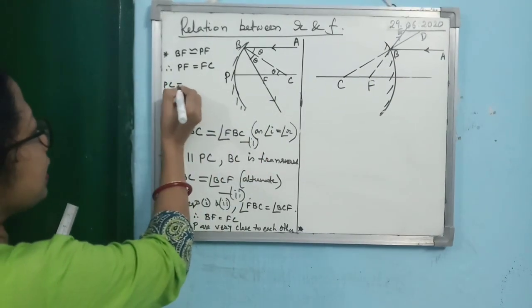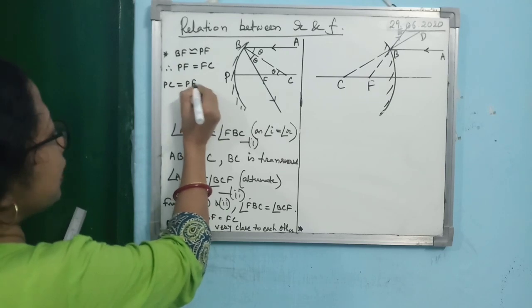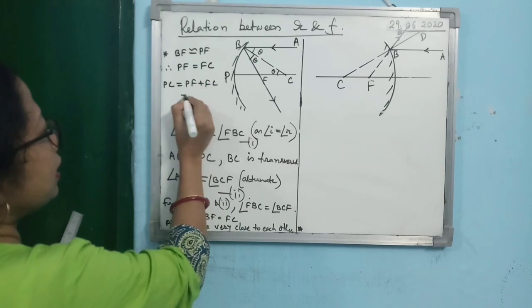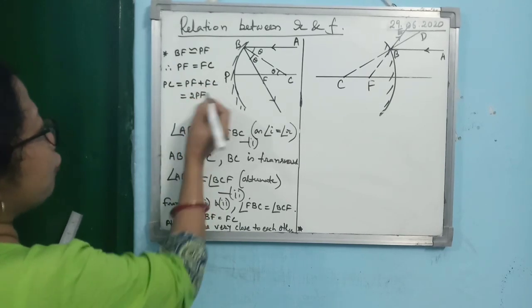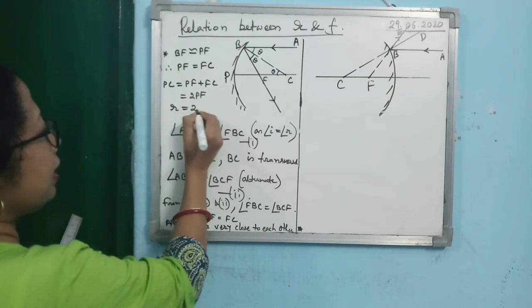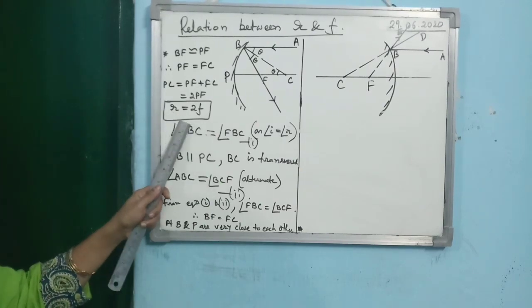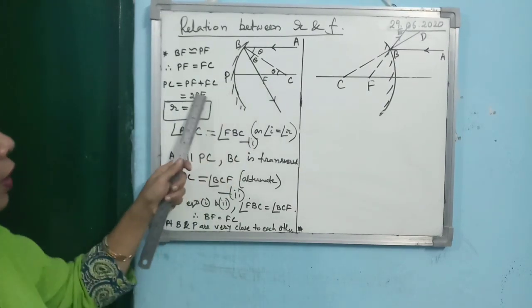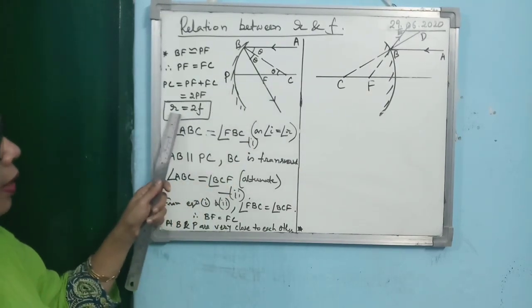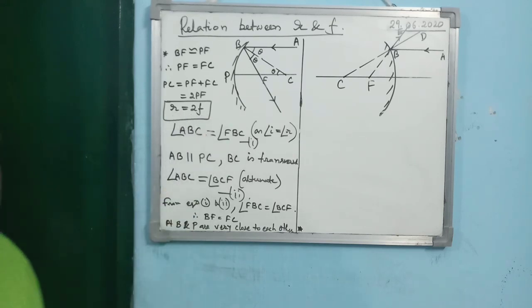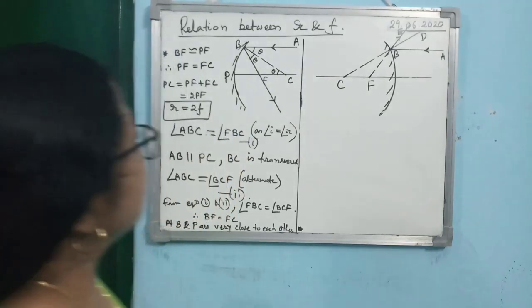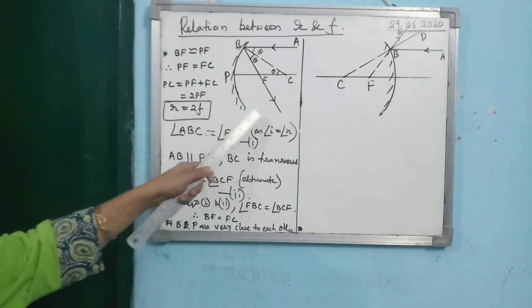So PC is equal to PF plus FC, which means 2PF. What is the equation you are getting? R is equal to 2PF. What is PC? The radius of curvature. And what is PF? The focal length. So you get the radius of curvature is twice the focal length. This is the proof for the concave mirror.